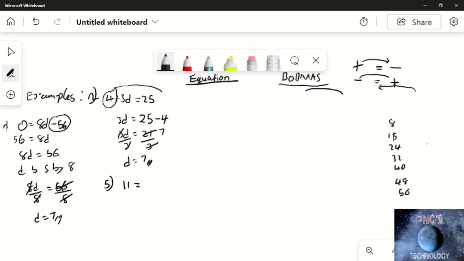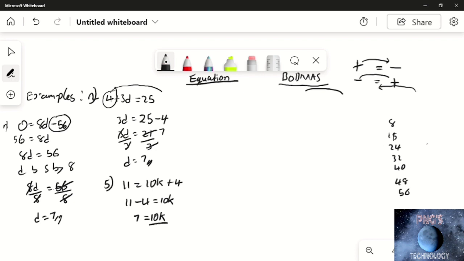We're given 11 equals 10k plus 4. So it will now be, this plus 4 becomes minus 4. So 11 minus 4 equals 10k. 11 minus 4 becomes 7 equals 10k.